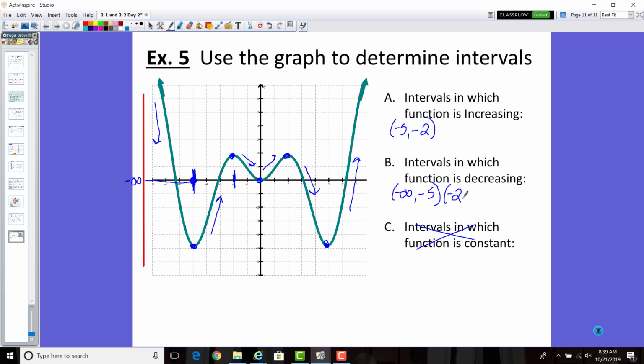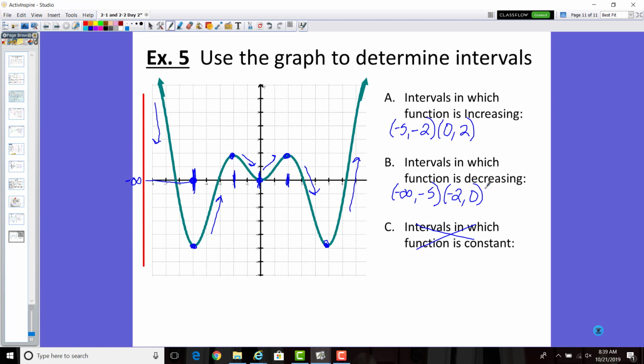Then at negative 2, my y's start going down again until we get to the x value of 0. And then at the x value of 0, my y's start increasing again until we get to the x value of 2.